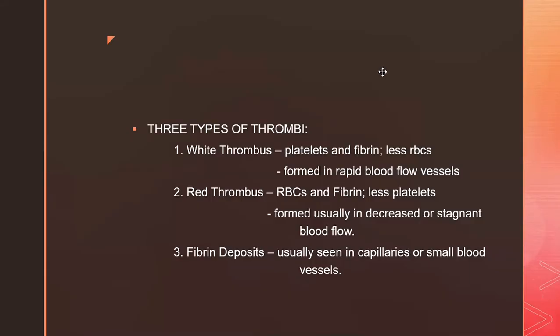Bakit red thrombus? Kasi madaming time ang RBC na dumikit sa fibrin mo, kasi venous siya, mabagal yung flow ng blood. Then lastly, kung capillaries naman, yung na-injure or small blood vessels, fibrin deposits lang siya. Okay, walang RBCs na didikit, fibrin lang.